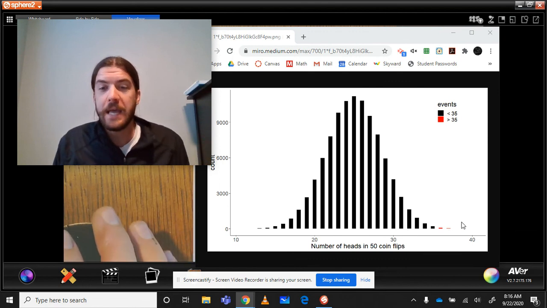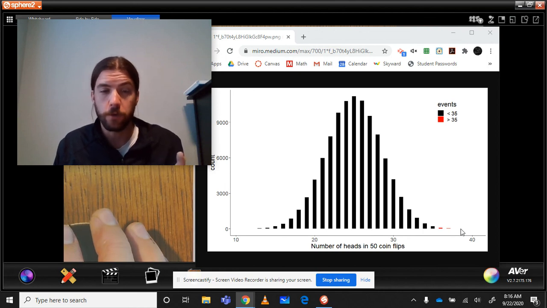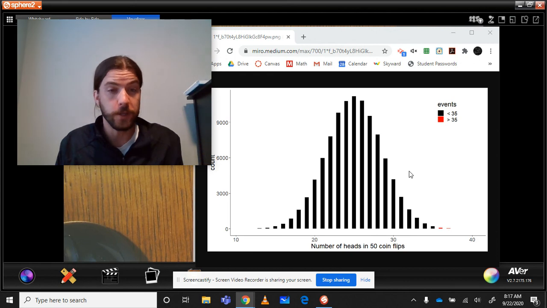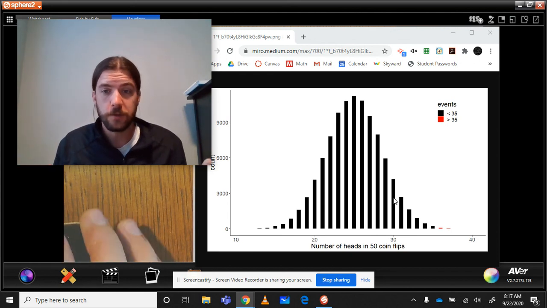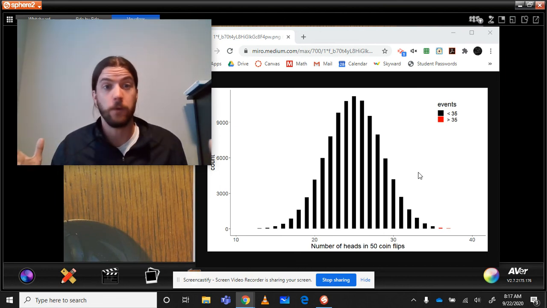But it could happen. And if it did happen, you might be suspicious about the idea that there's a 50-50 chance when you're flipping a coin. Now, for a coin flip, it's pretty hard to make an argument that it's anything other than 50-50. So maybe you wouldn't revise your model after all. You would just say, wow, that was crazy lucky that I got that.